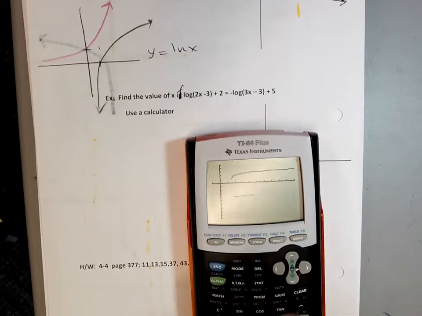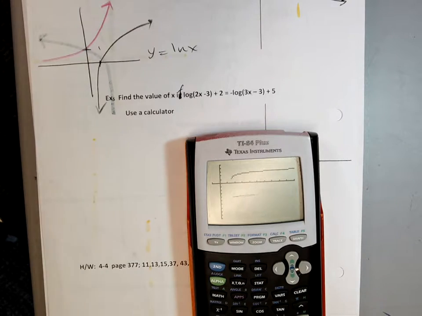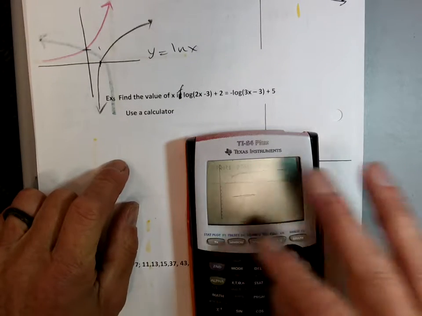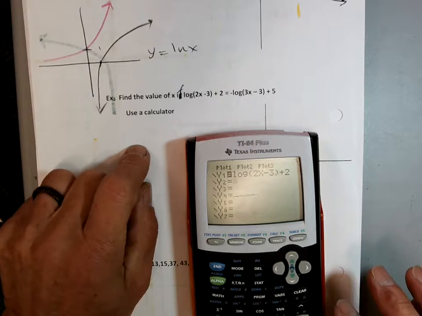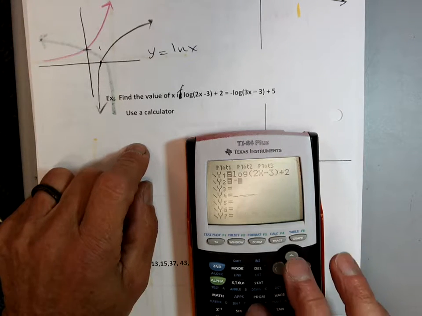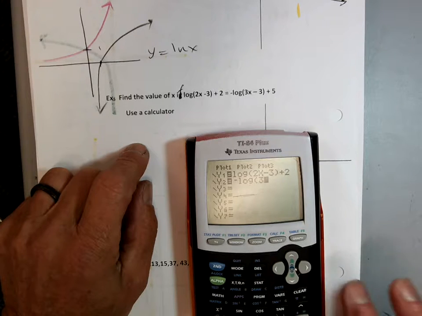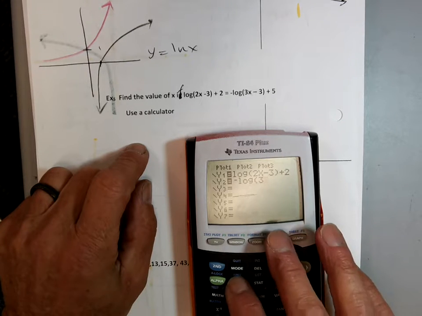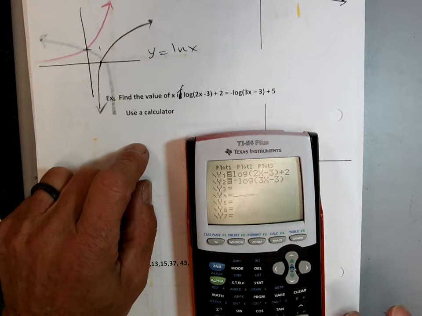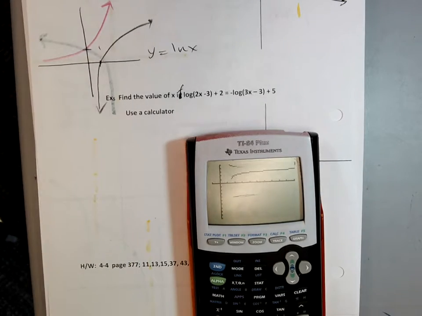It's invisible, right? Invisible base is always base 10, right? Good question, Zoe. Okay, and then the other one is, let's go ahead and go to y equals and put the other one in. And the other one's my negative log of parentheses 3x subtract 3 plus 5. Let's graph that one, okay?